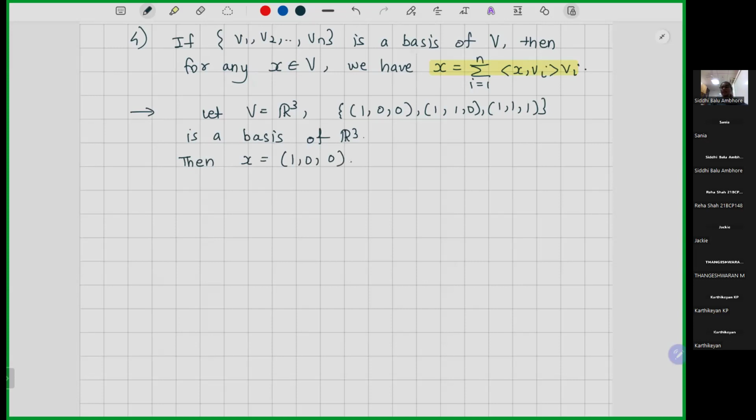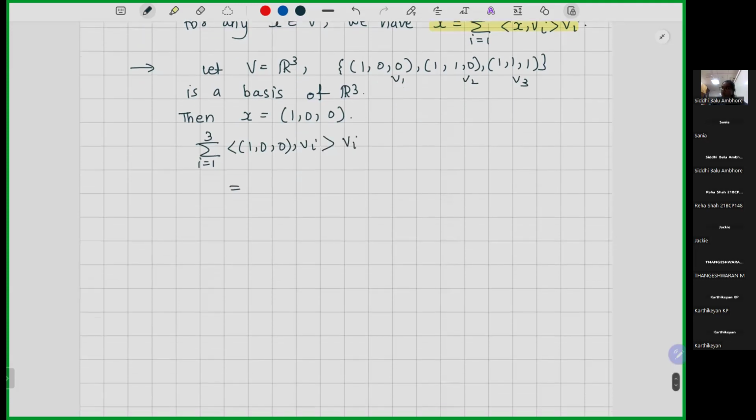Then the RHS which we have here is the summation i from 1 to 3, since we are in R3, of (x, vi) vi.